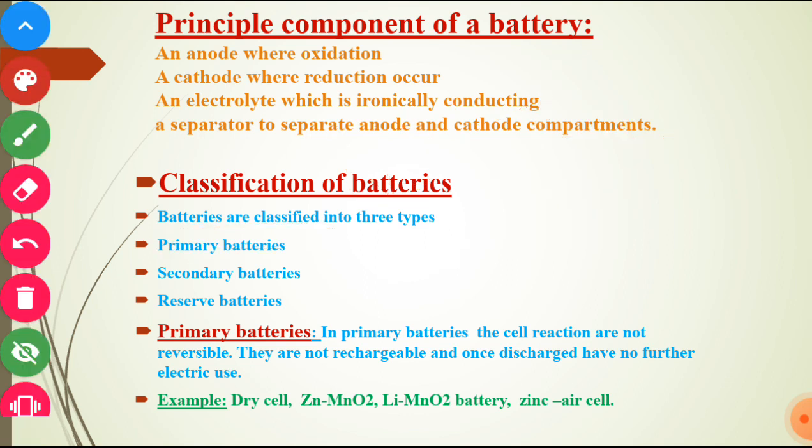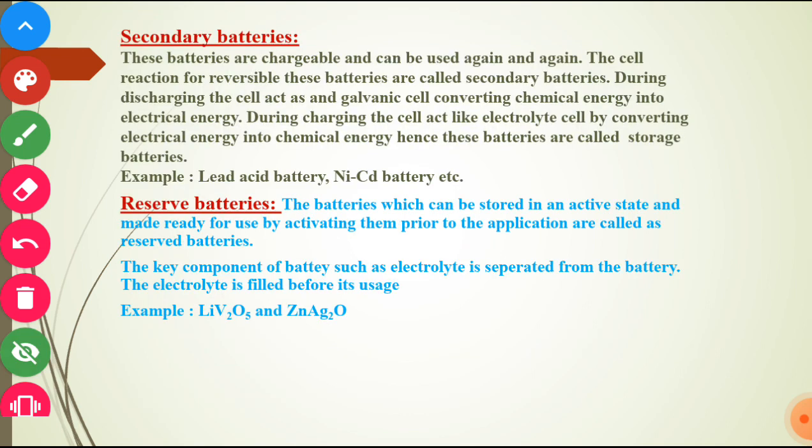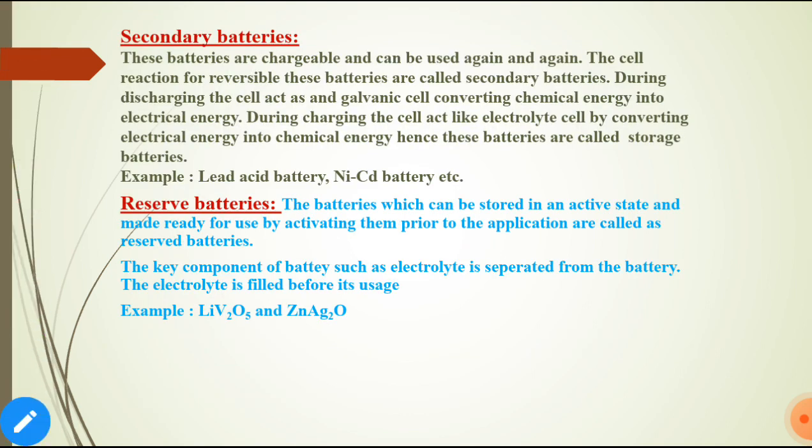The point to remember is that non-reversible and non-rechargeable batteries are called primary batteries. The opposite of primary batteries are secondary batteries. Secondary batteries are reversible and rechargeable, and can be used again and again.